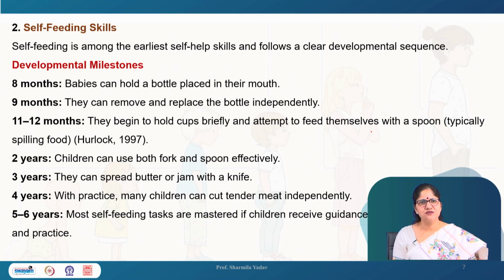At 5 to 6 years, most self-feeding tasks are mastered if children receive guidance and practice, and all these milestones can be achieved very easily when the parents and caretakers give enough opportunities. Don't fear the spilling of the food, or that they will do all the things untidy. No, that doesn't matter. Give maximum exposure to the child, with your guidance and support.